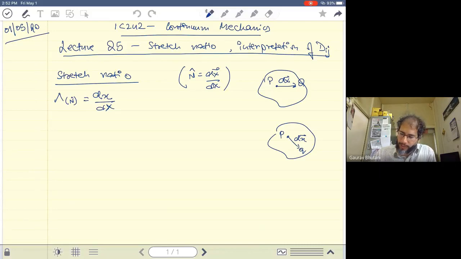We will take the square of dx for our analysis. So we start with the square of the final length dx. In index notation, this can be written as the dot product of the dxi vector with itself, so that's dxi dxi.